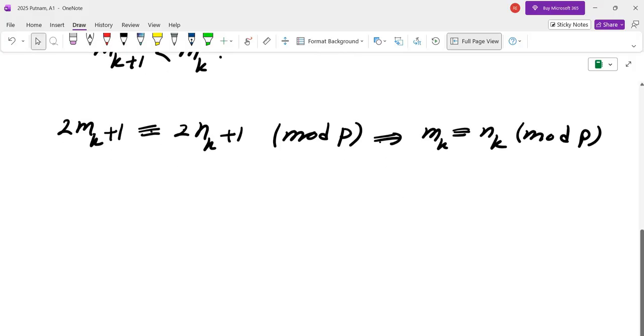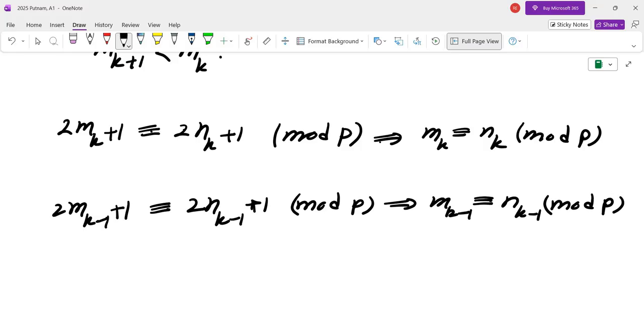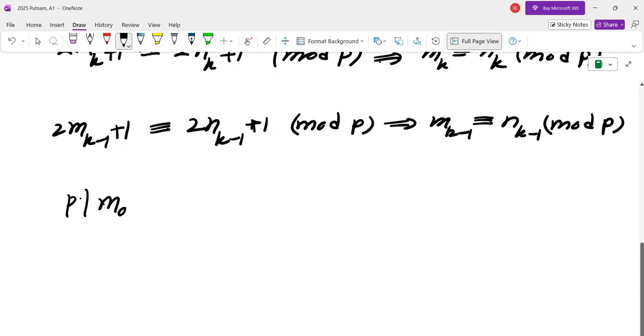Now if I multiply these by the GCD of 2^(mk-1) + 1 and 2^(nk-1) + 1, I get that these two are also the same mod p, which means m(k-1) and n(k-1) are also the same mod p. And then I can kind of go down, and I can say that this p would have to divide m0 minus n0. But this number is not 0, so it has only finitely many divisors. So it felt like this should give me a contradiction.